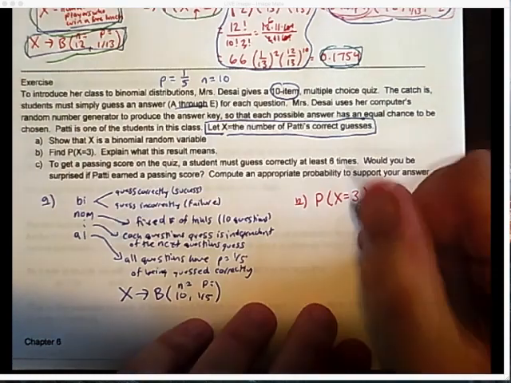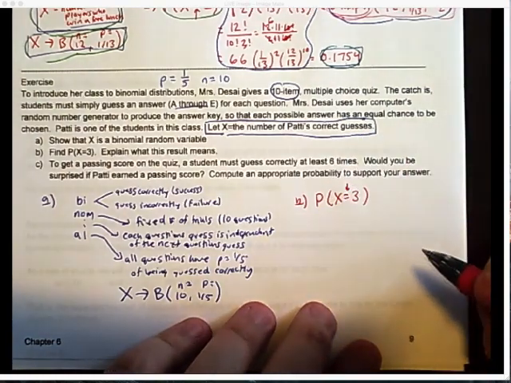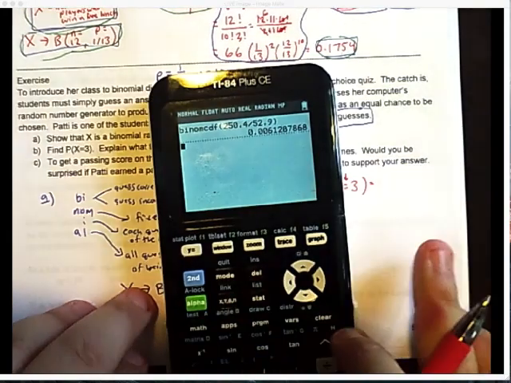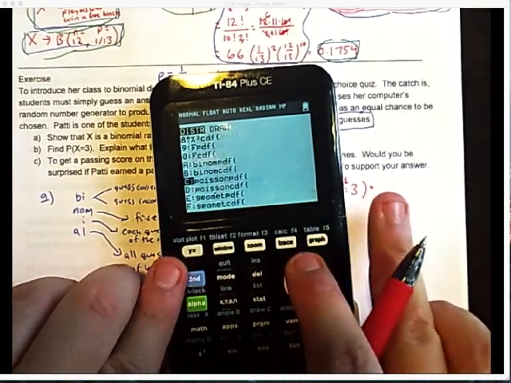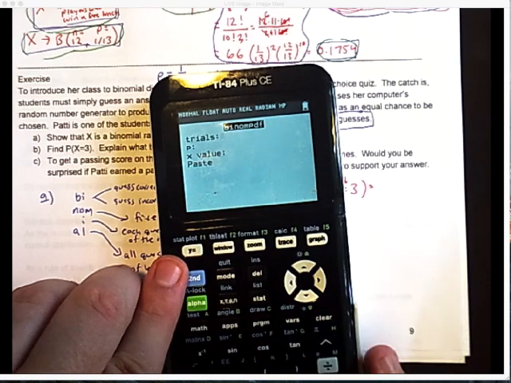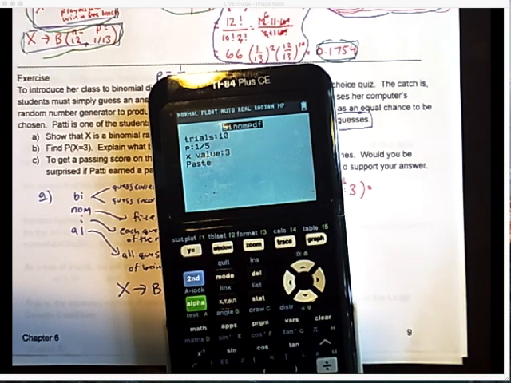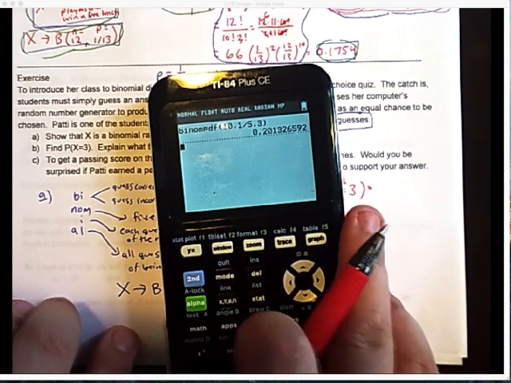So this is an equals, which means I'm going to use binom PDF. So if I go back under my distributions, I'm going to use binom PDF. There's 10 trials. The chance I get any question right is 1/5. And I want to figure out what 3 is. What's the probability that I get exactly 3 right? Okay, 0.2013.